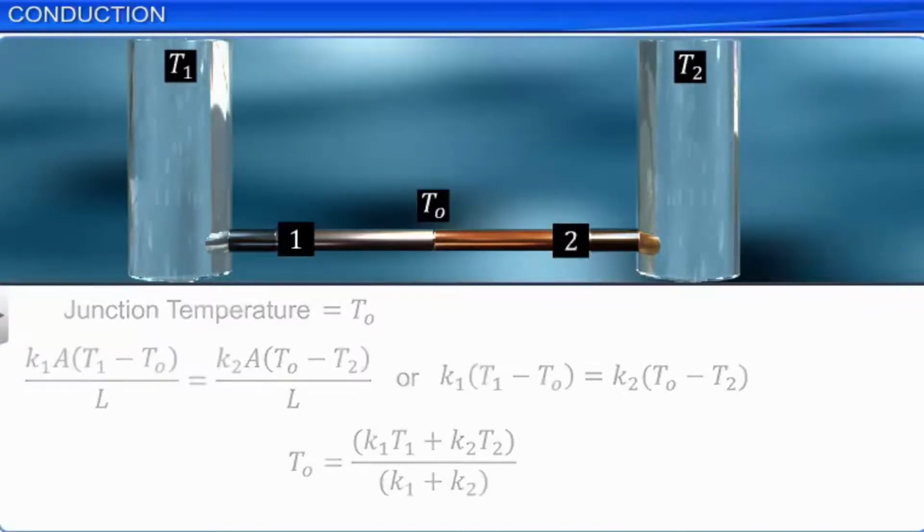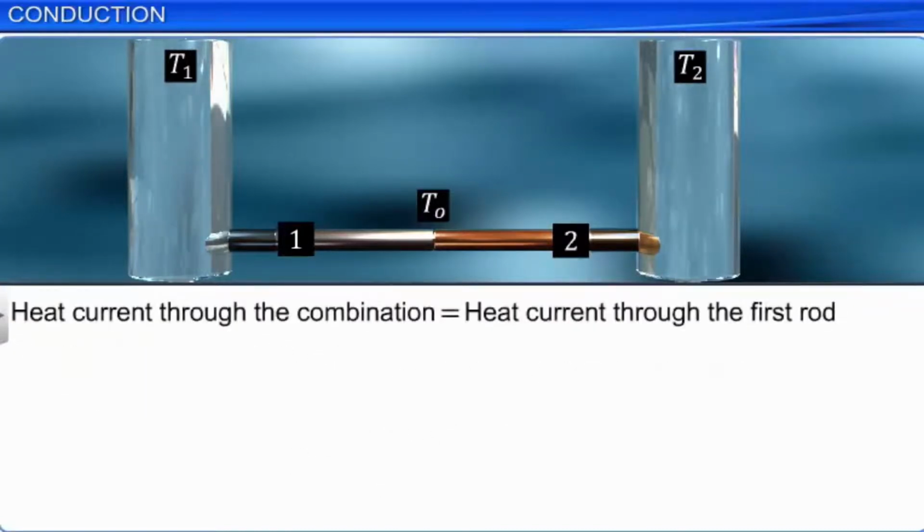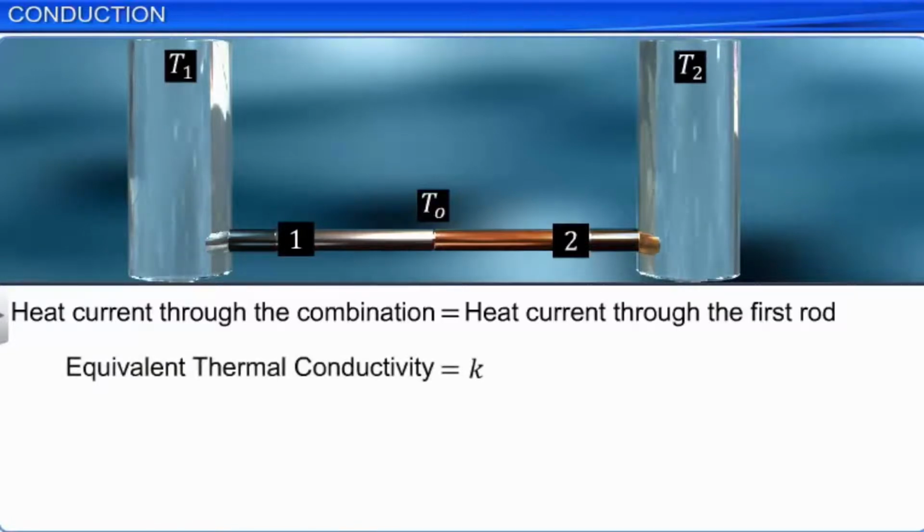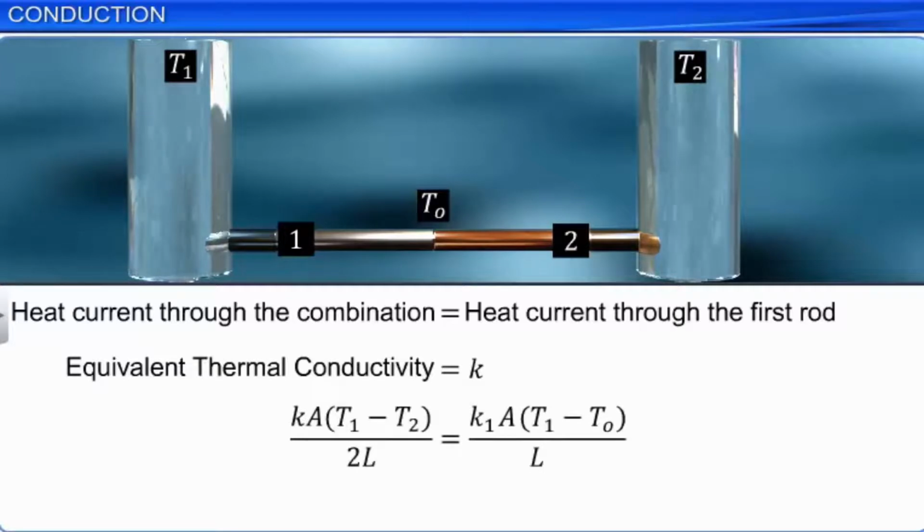Since heat current through the combination is equal to heat current through the first rod, if the equivalent thermal conductivity of the combination of two conductors is K, then we can write KA(T1 minus T2)/2L is equal to K1A(T1 minus T0)/L.